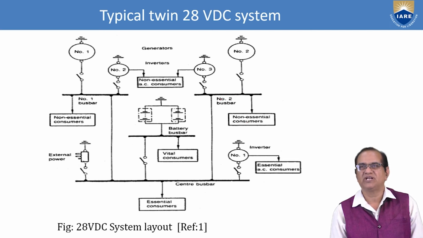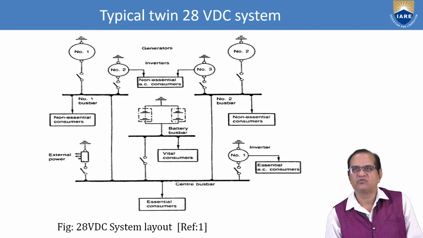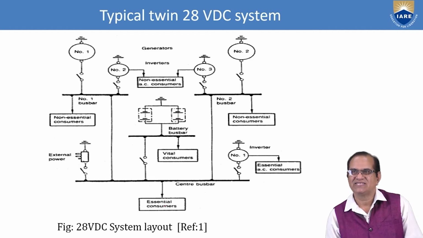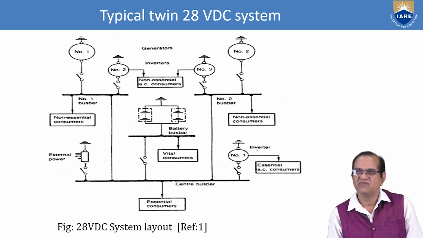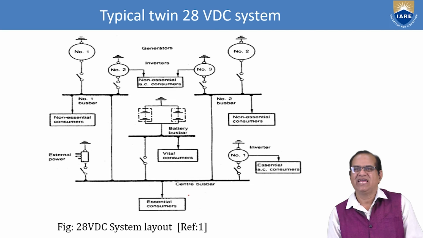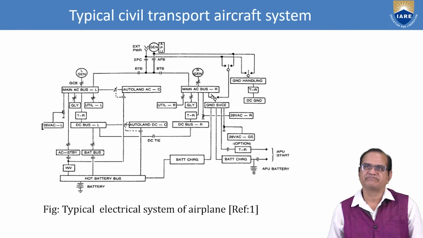From here it goes to the number 2 bus bar, and from here to the battery bus bar. Non-essential AC consumers will be converted. Then from the battery bus bar it goes to the essential services. Here we have the inverter which will convert from DC to AC, and here external power is also given. So this is the 28 volt DC layout shown for this aircraft system.